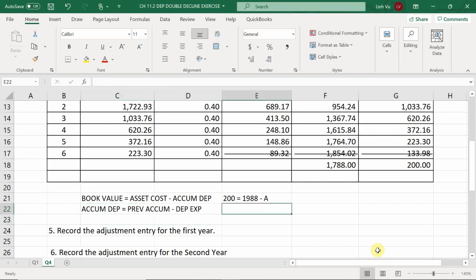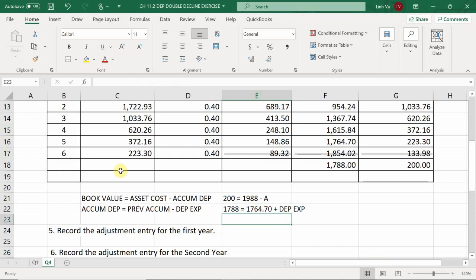In this case, we know that we have 1788 equaling our previous accumulated, which was 1764.70. Oh wait, I think it's plus current depreciation expense.